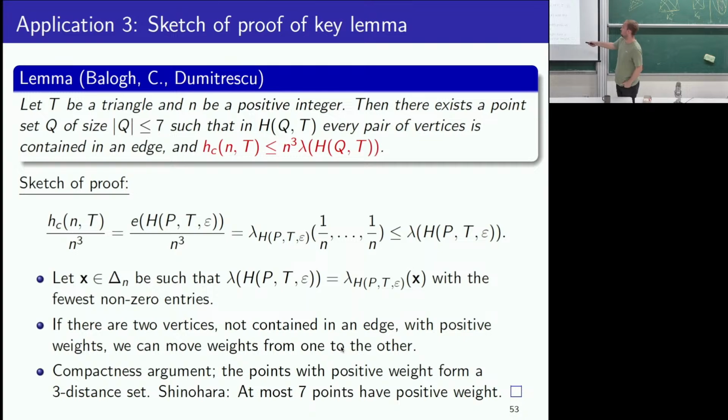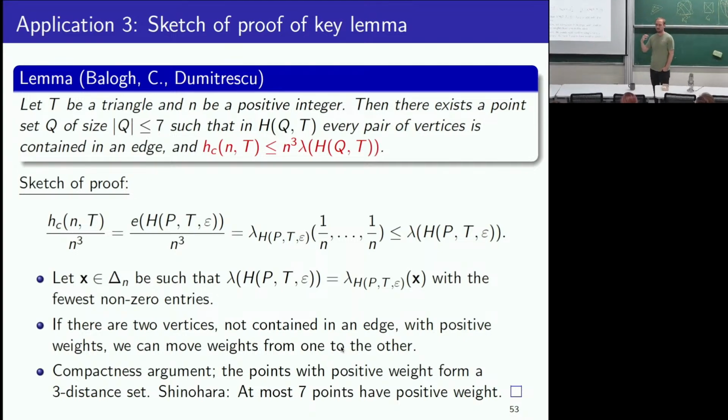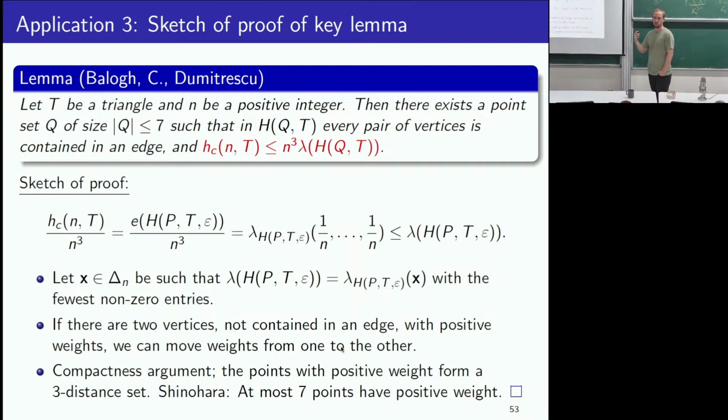And this point set Q has the property that it has complete shadow because of this observation, and the size restriction comes from the following. In this point set we have obtained, every pair is contained in an edge, which corresponds to every pair being contained in some triangle congruent to the given one.